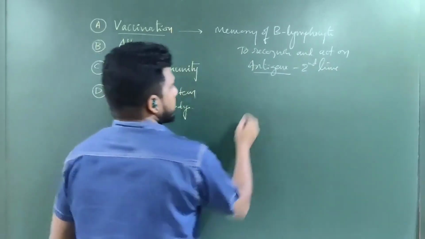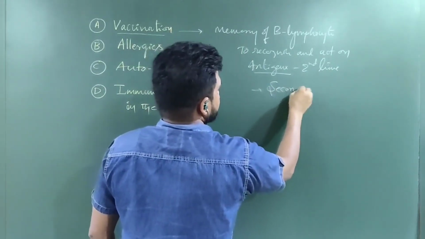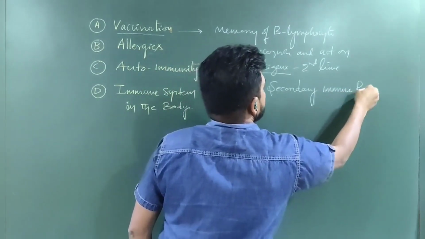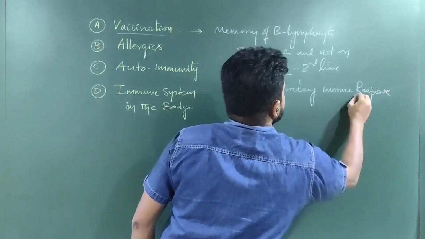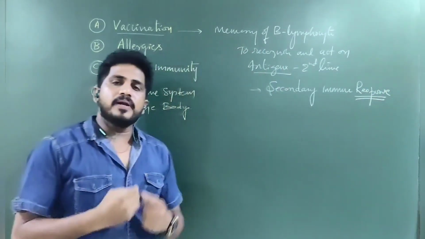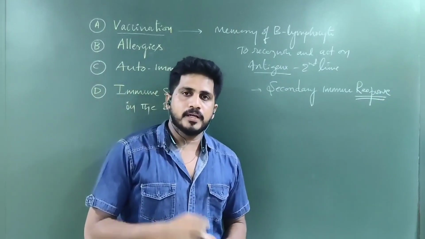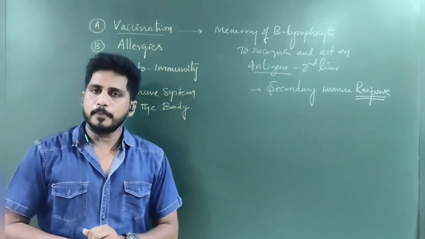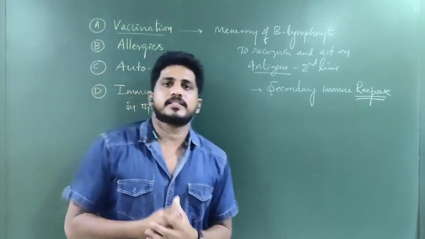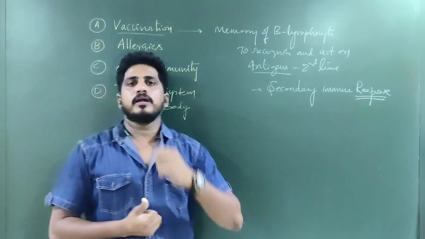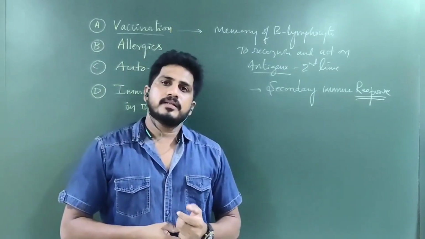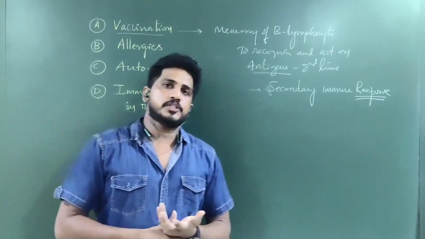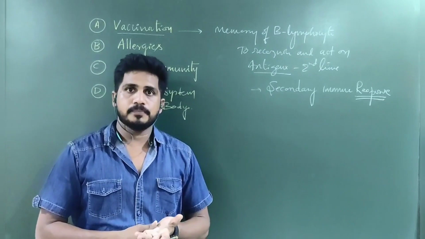This is also called secondary immune response, because of this response, their ability to recognize the antigen next time, we can use the vaccines. Suppose a person was infected by a pneumococcal bacteria, and the same bacteria attacks again, then it's not so pathogenic a situation. It's not so fatal also.